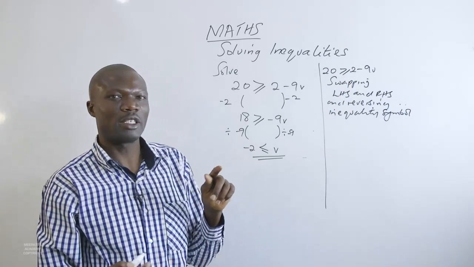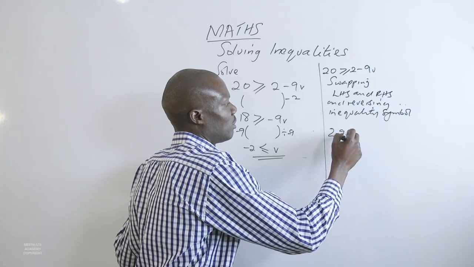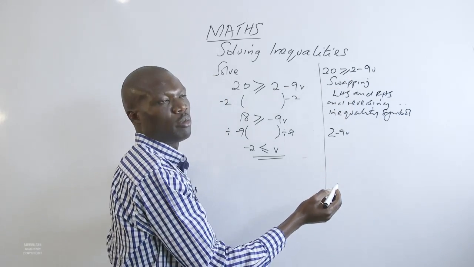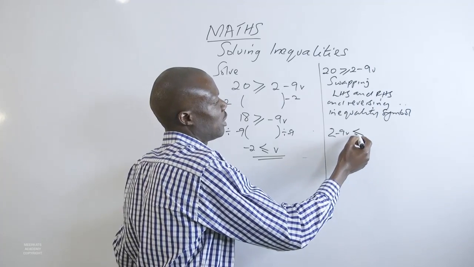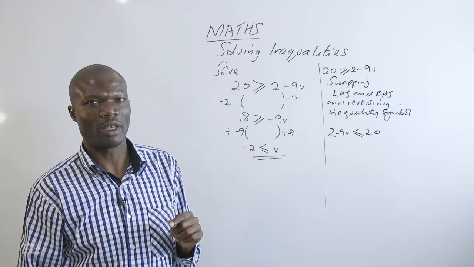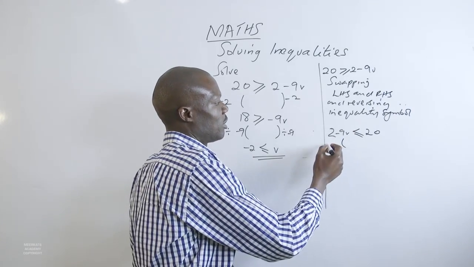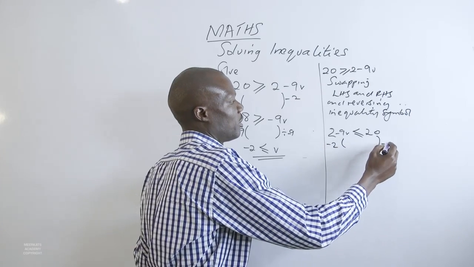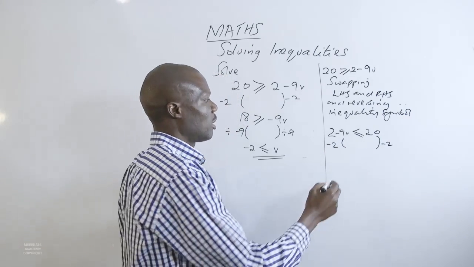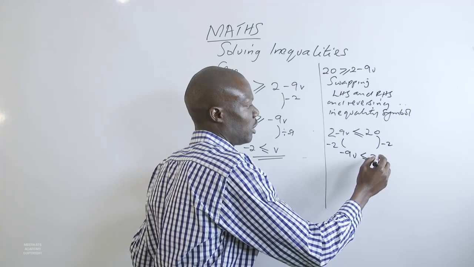So 2 minus 9v will come on the left, and then the symbol will be reversed to read less than or equal to 20. From there, you can go on and work by simply subtracting 2, and you come up with minus 9v is less than or equal to 18.